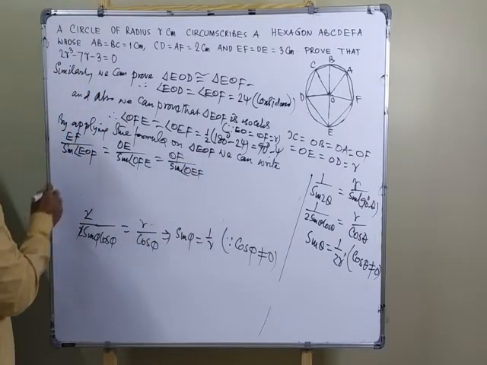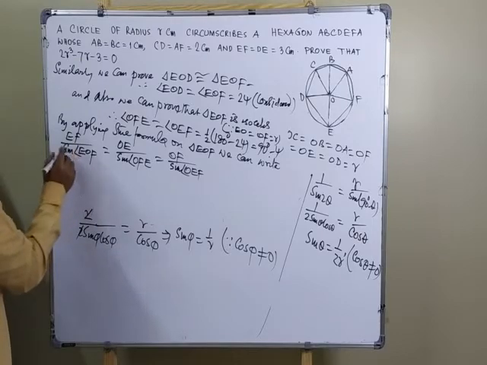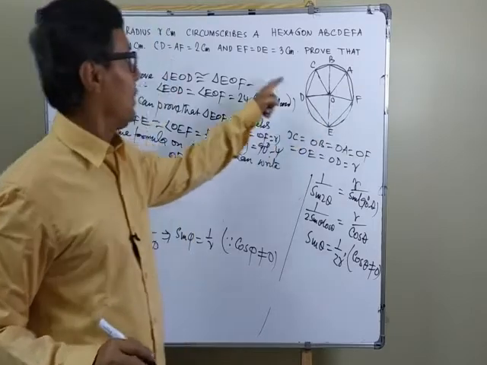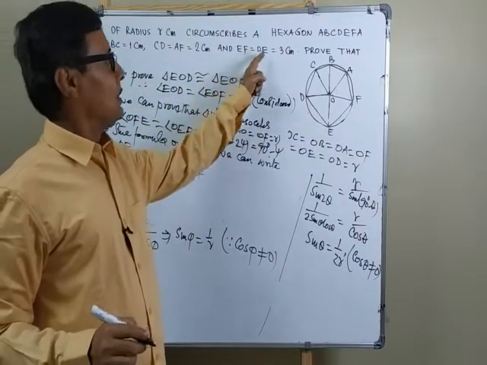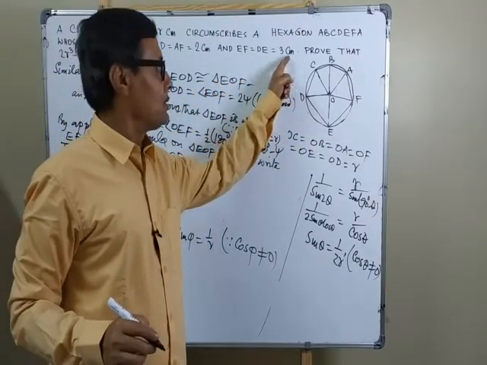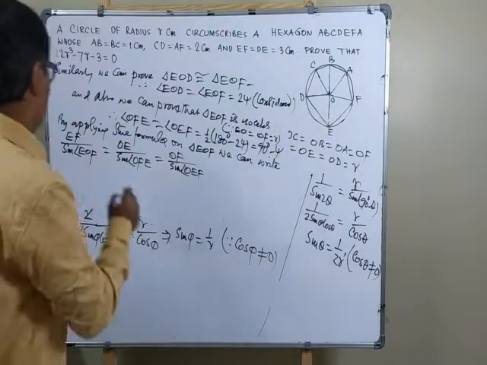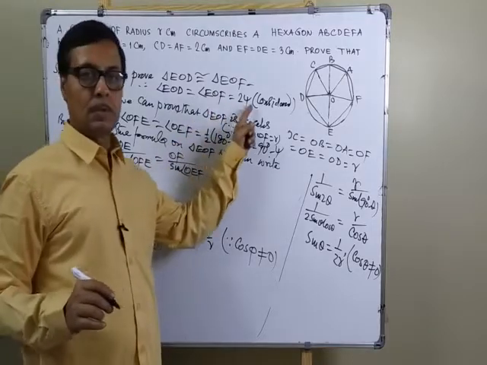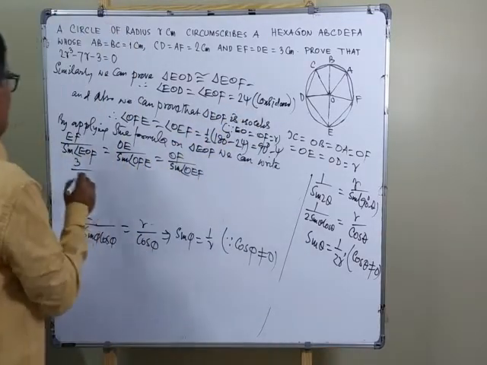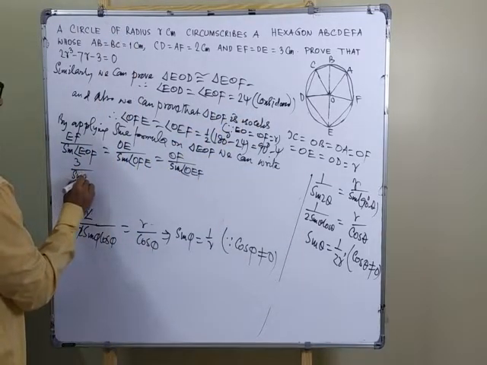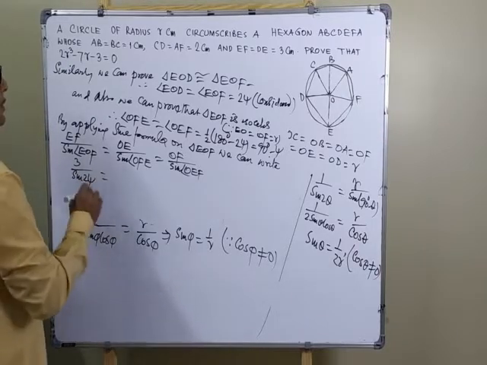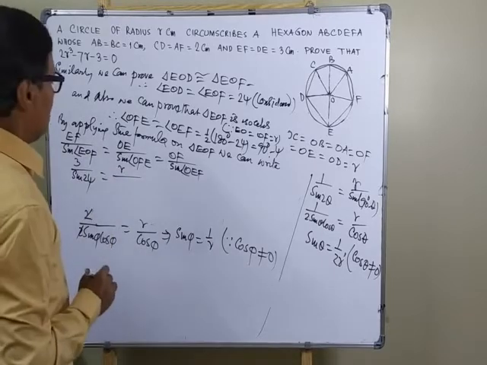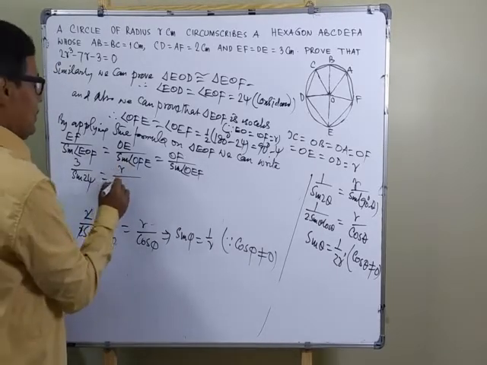So EF is given as 3 centimeters. This is given. So EF is 3 over sine EOF. EOF is considered as 2 psi. So this is sine 2 psi, is equal to OE, which is considered as R, the radius of the circle, over sine OFE.